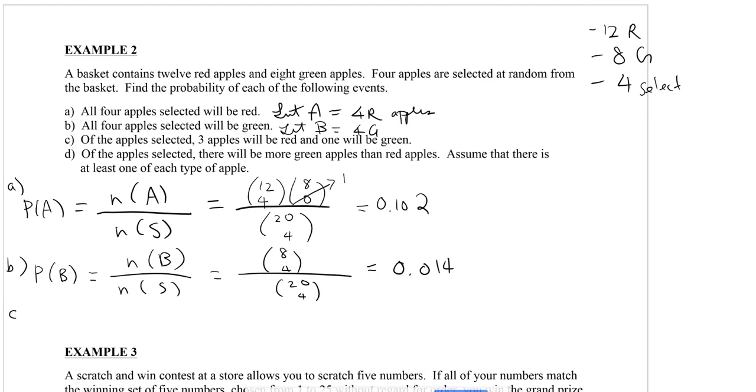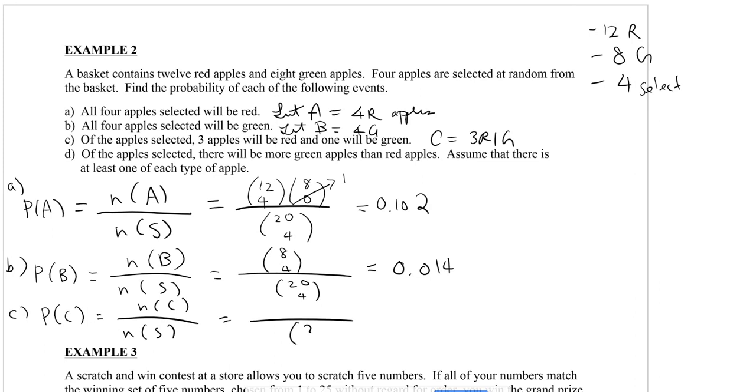Okay, and then part C, I want 3 reds and 1 green. So C is going to be 3 reds, 1 green. So probability of C means I need to take the number of ways I can get C over all possible outcomes.